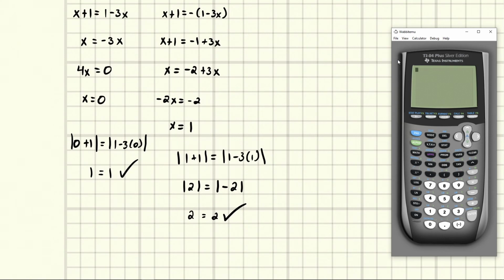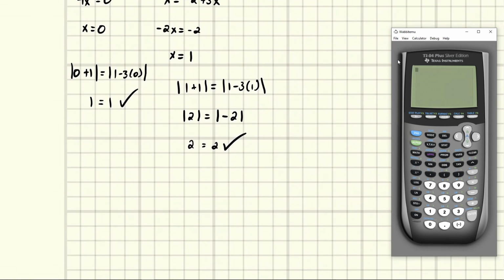So these two answers indeed check, and we can write our solution set as x is an element of the set 0, 1. My mistake. It is 1. We would box this and say these are the answers.